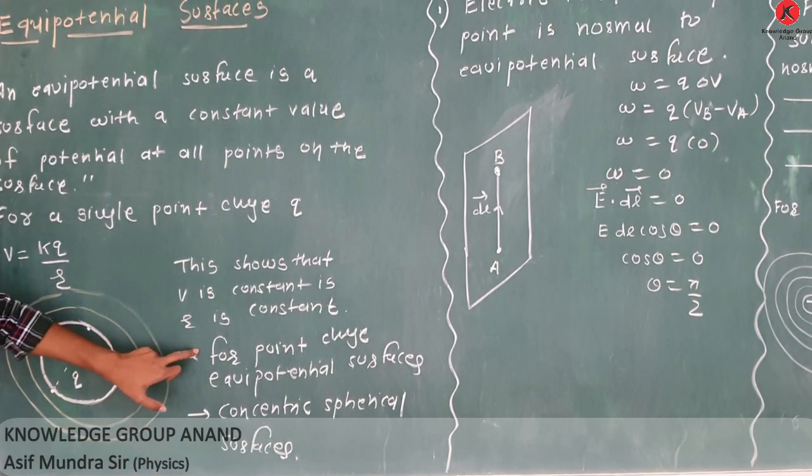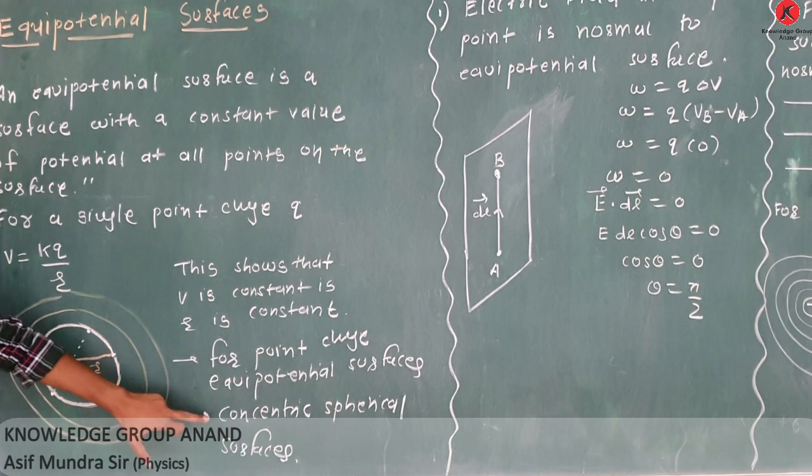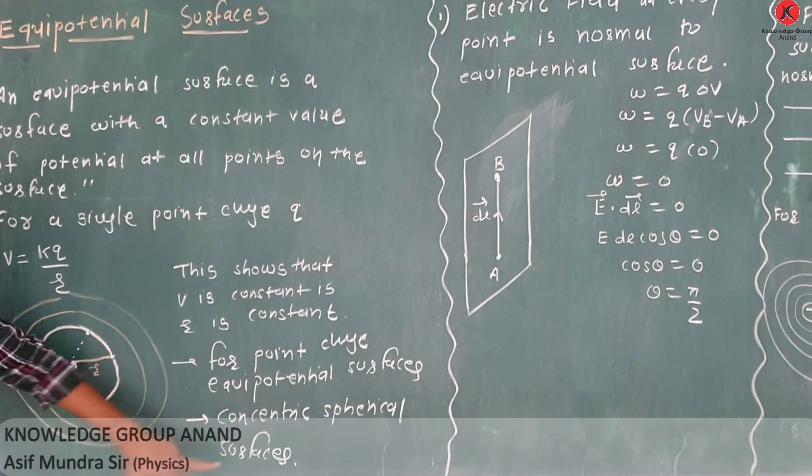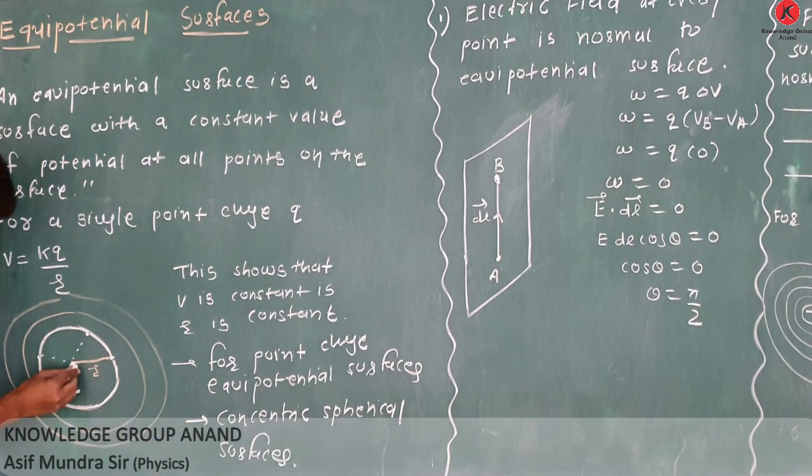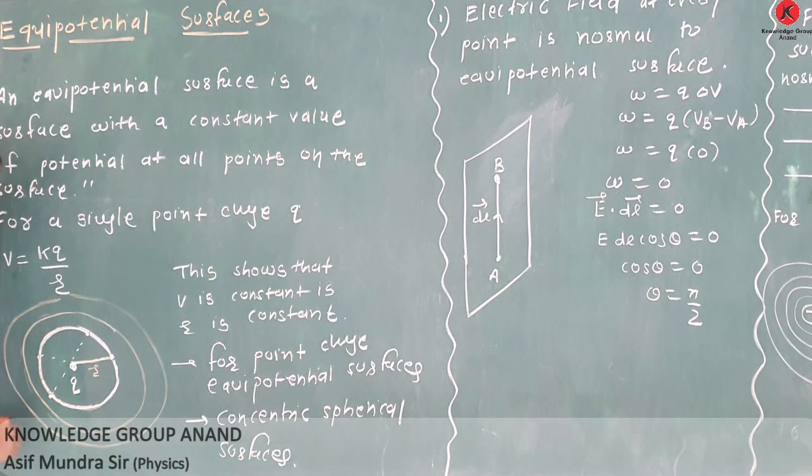For a point charge, equipotential surfaces are concentric spherical surfaces. It is the first equipotential surface, second equipotential surface, third equipotential surface. Means for a point charge, equipotential surfaces are concentric spherical surfaces having the charge at the center.